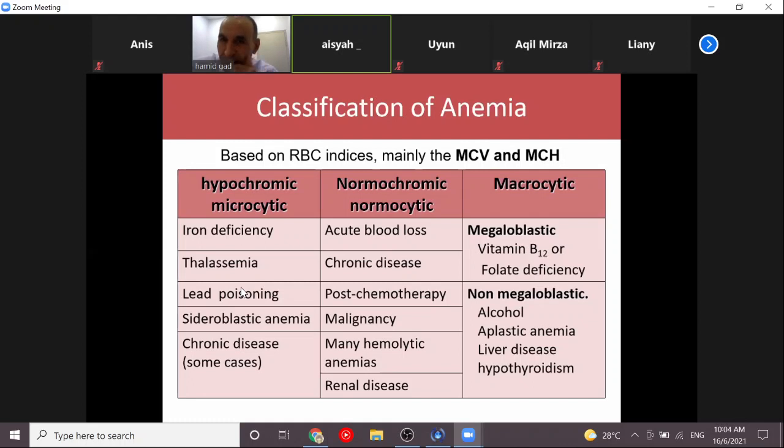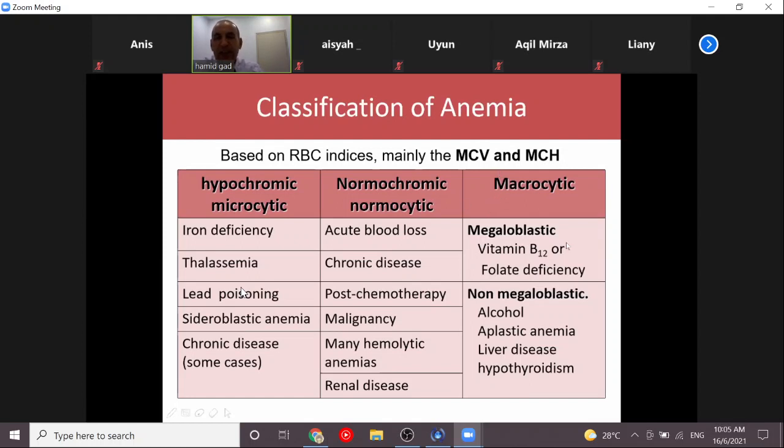Is there any indication for MCH, whether it's large or normal? Usually increased, but we don't say hypochromic, there is no hypochromic, normochromic only. So for macrocytic, MCH is usually normal or slightly high, but hemoglobin is still low. So this is called macrocytic anemia.